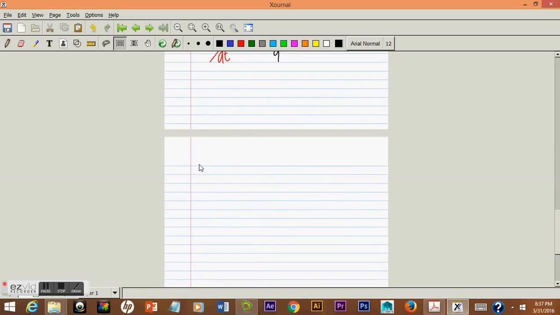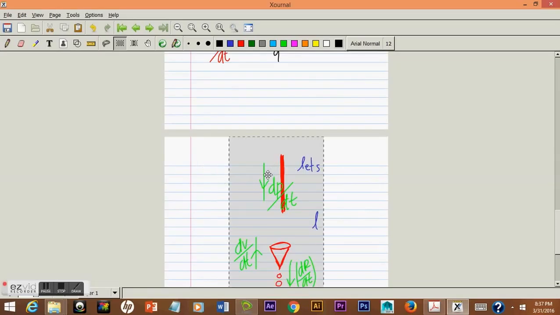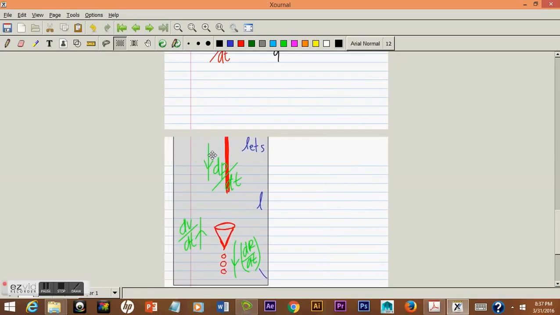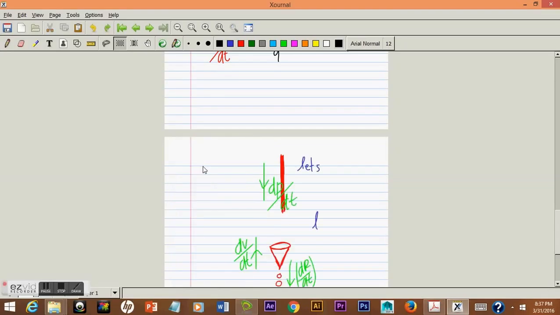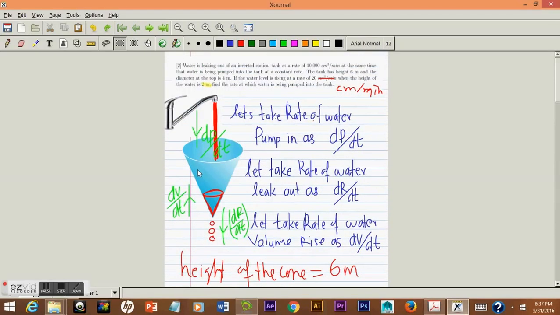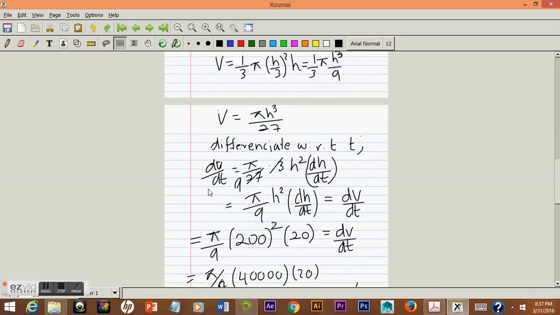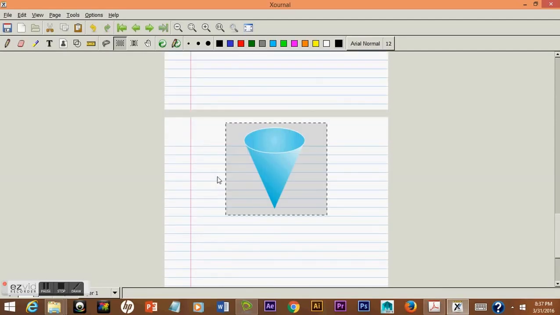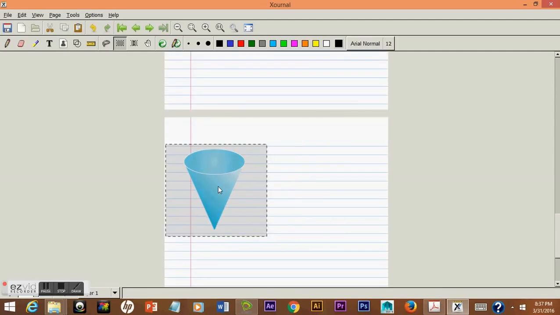I'll change to a new page and paste it. I didn't get exactly what I want, so I'll undo it and take only the cone again, copy that, and paste it here. Yeah, we have the cone.